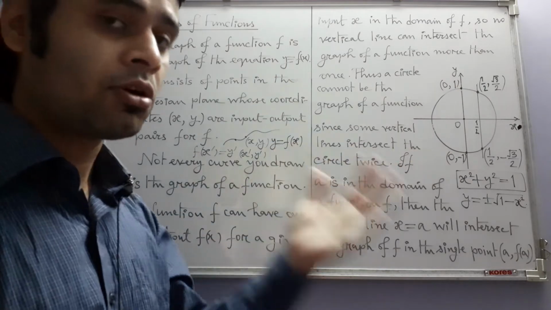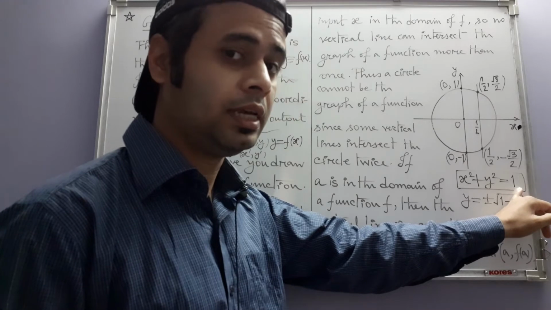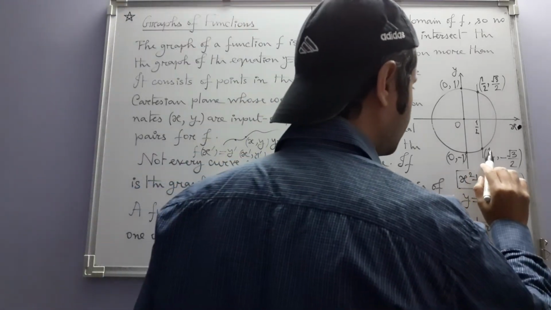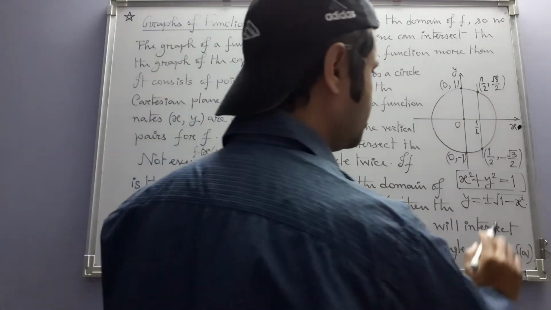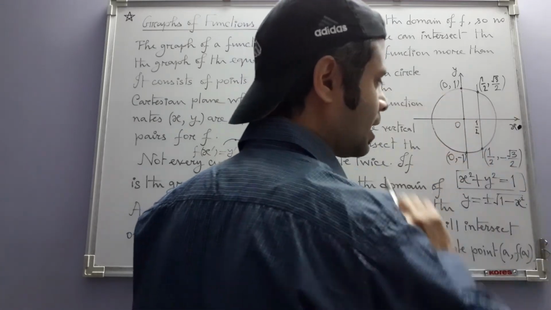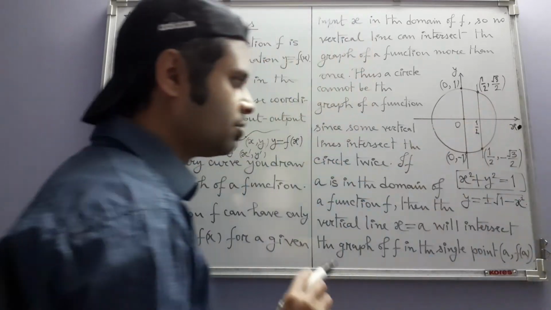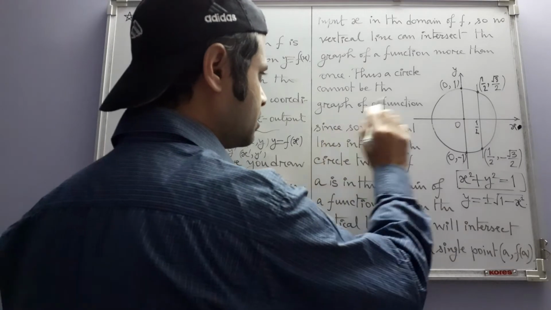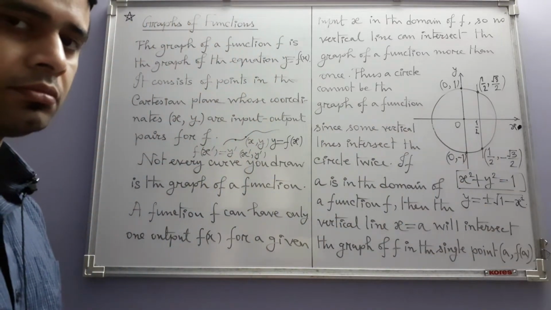So y is not a function of x according to this equation. Okay. Similarly, if you take x equal to 1 by 2, then also you get two distinct values of y such that these points lie on the circle. One of them is square root of 3 by 2, the other one is minus root 3 by 2. So that is why the circle is not the graph of a function.